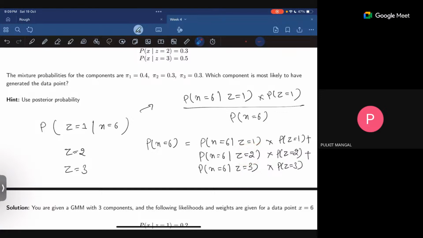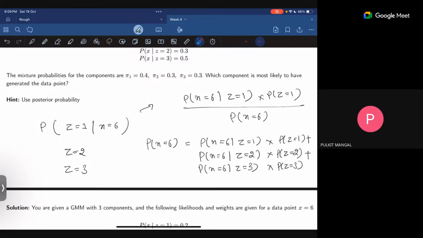This is the numerator part. Here we are doing just for 1, so for the denominator we will sum these probabilities for 2 and 3 also. That would give you the probability of x equal to 6. This is the marginal probability also for the GMM.